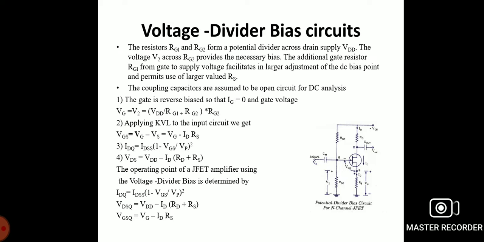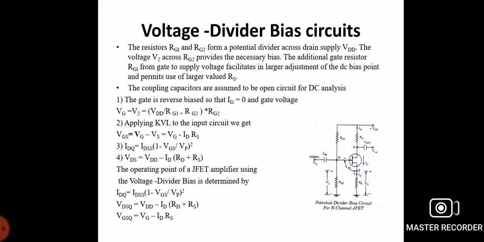The voltage V2 across the gate resistance 2 provides the necessary bias, that is, the biasing. The additional gate resistance 1 from gate to supply voltage facilitates large adjustment of the DC bias point and permits use of a larger value of the source resistance.